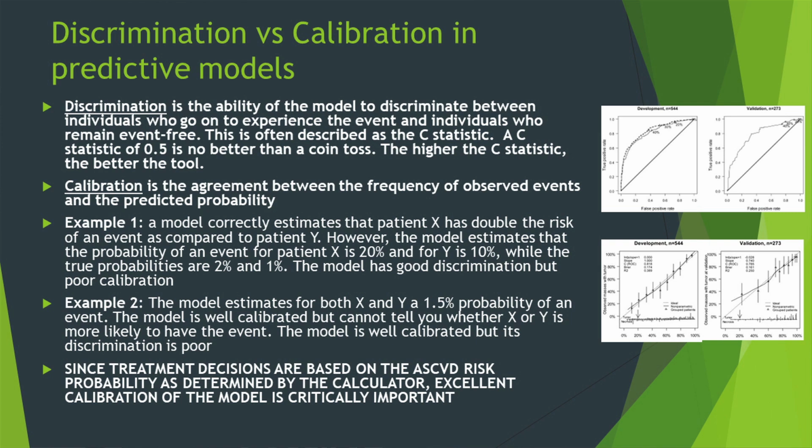So discrimination is the ability of a model to discriminate between individuals who go on to experience an event and those who won't experience the event. This is often described as a C statistic.